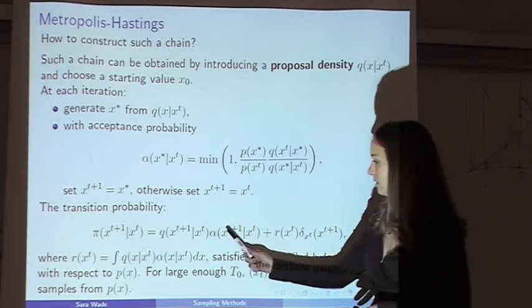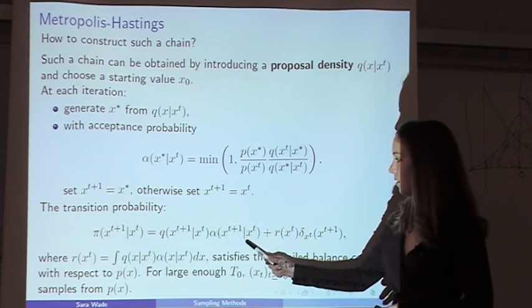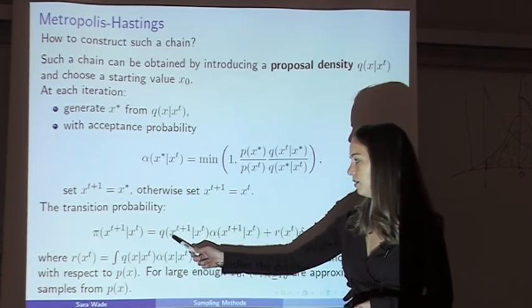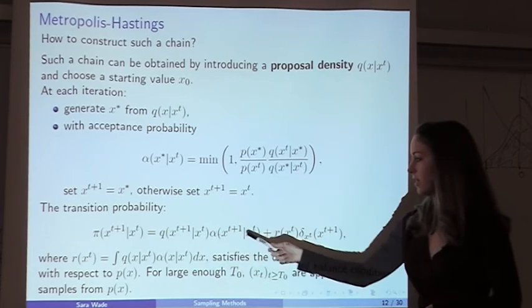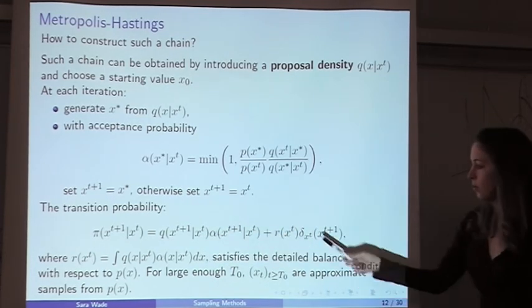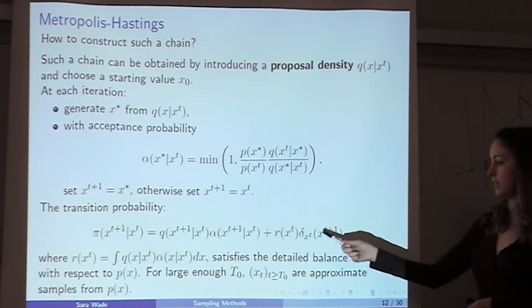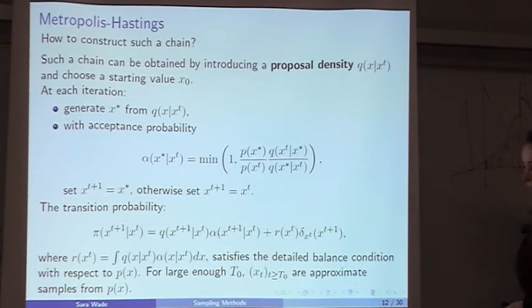So here, we generate a new value xt plus 1, we accept it with some probability, or in general, we reject and we stay at our current state.